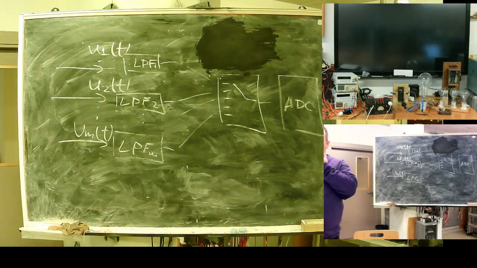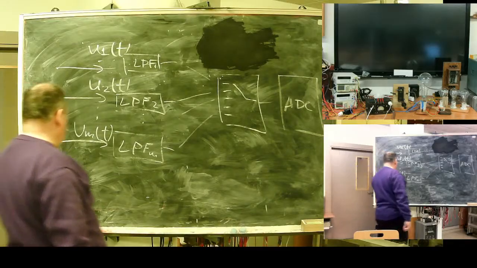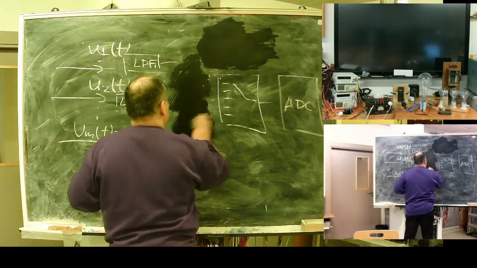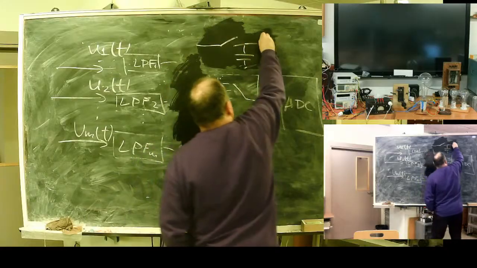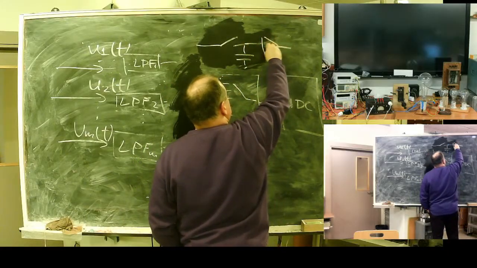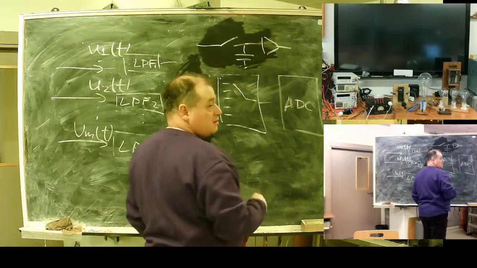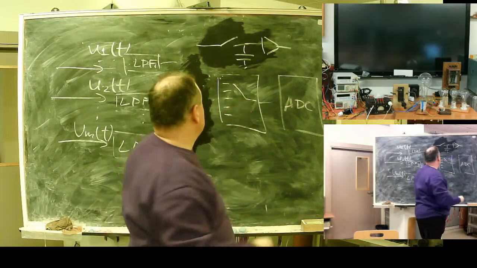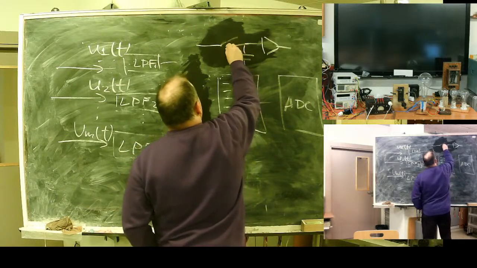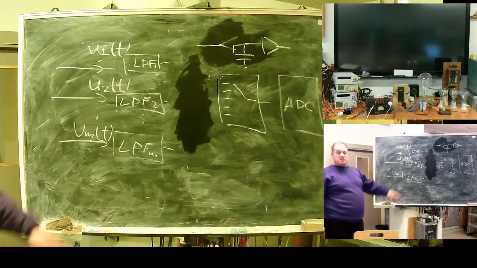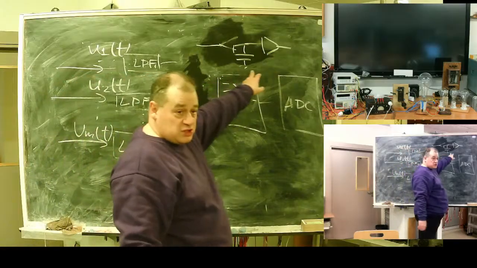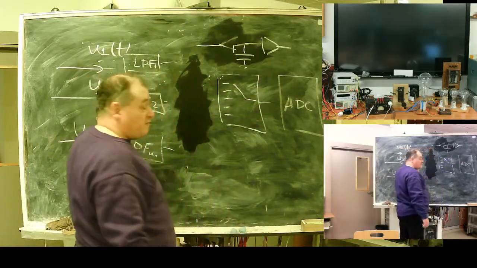If I care about performance, what do I need? Sample and hold. I need to freeze all my voltages. A simple sample and hold: a switch, a capacitor and an amplifier with high input resistance. When not measuring, the switch is closed and the capacitor voltage equals the voltage of my signal.